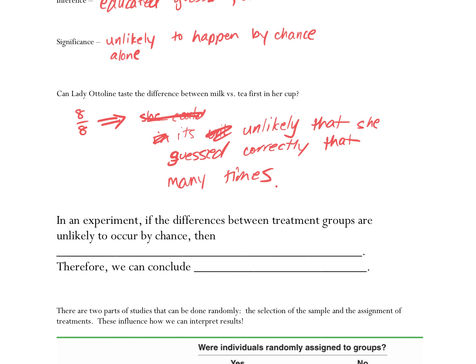So if at the end of an experiment we have them this far apart, not significant, because that could have happened just by the chance of how we assign people to the groups. If we see this big, wide difference between our two groups, that difference couldn't happen by chance of assignment. So when we see a difference that is not likely to have happened by chance alone, then we have significant results.